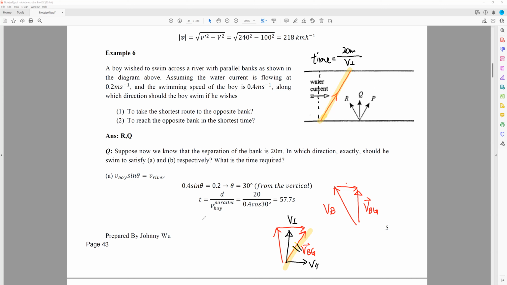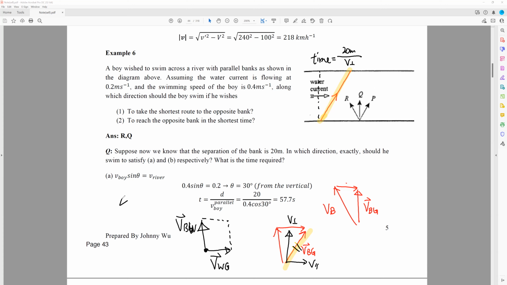Like you are adding the VBW and VWG together, using the parallelogram rule to find the sum. I think it will be easier to show it. So how can you make the perpendicular component largest?